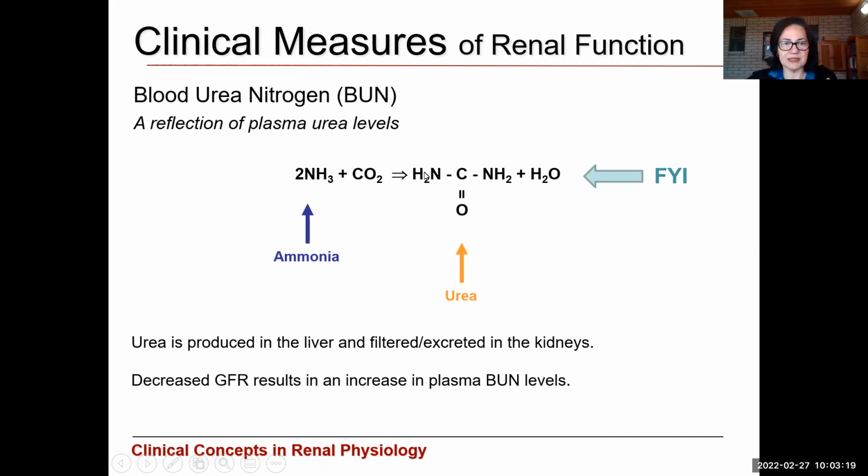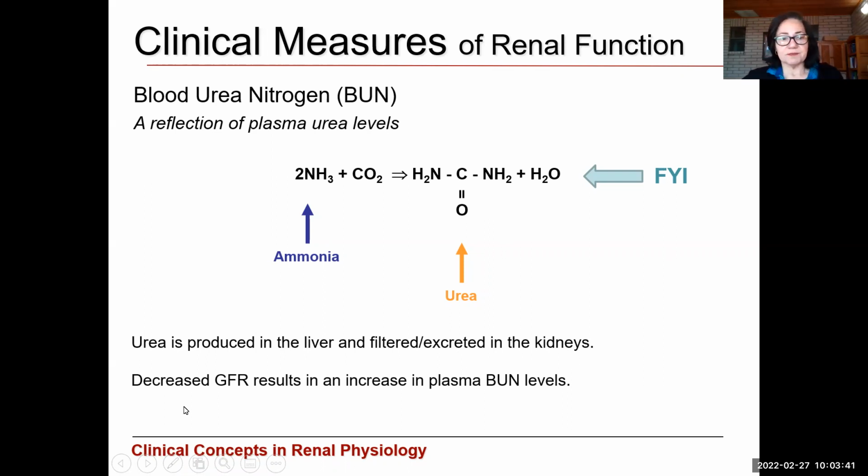That it's basically these two ammonias get neutralized, put together, and made less dangerous. But again, urea is still waste. It's going to get from the liver, it gets put into the bloodstream, and then the kidneys have to get rid of it. So it's produced in the liver, filtered, and excreted by the kidneys.